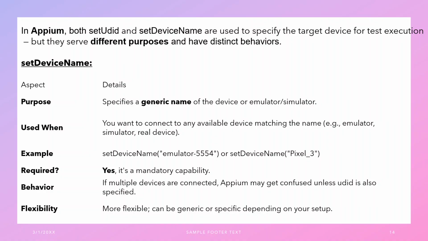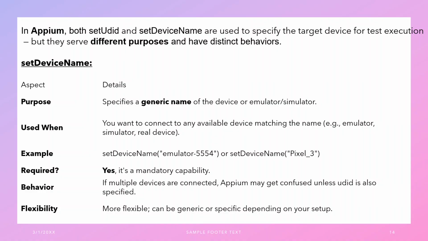When to use it? If you want to connect to any available device matching the name, whether emulator, simulator, or real device. When you use this capability with the name, it will connect to any available device matching the name.